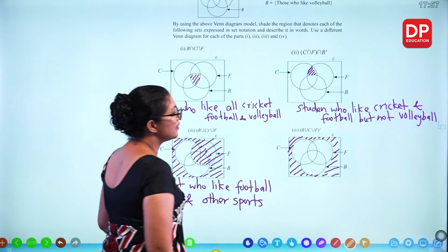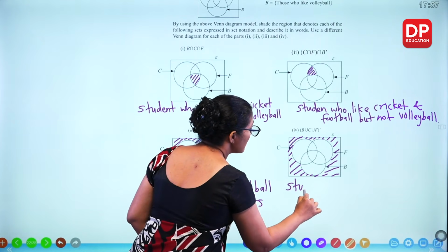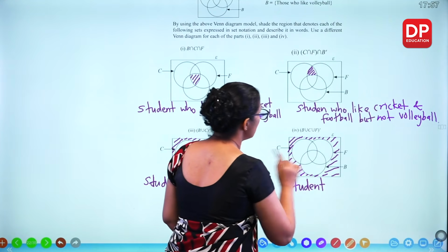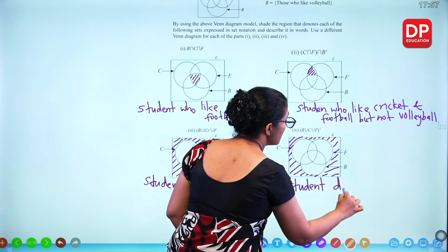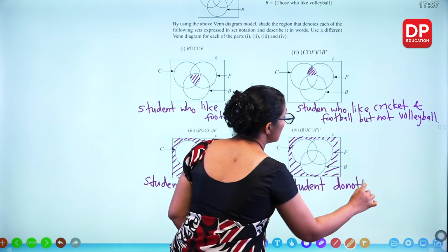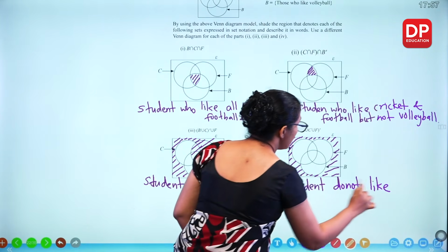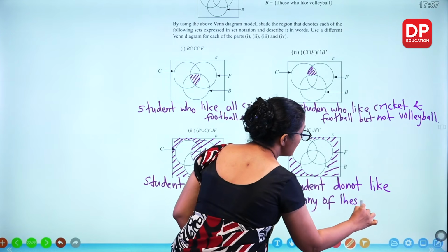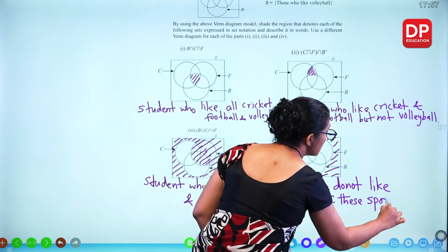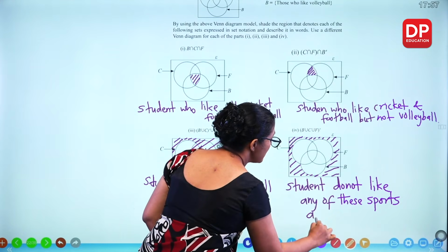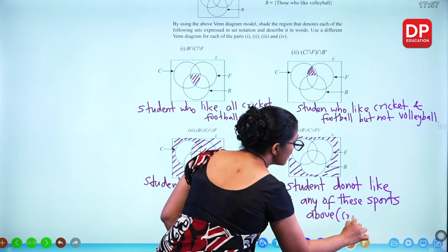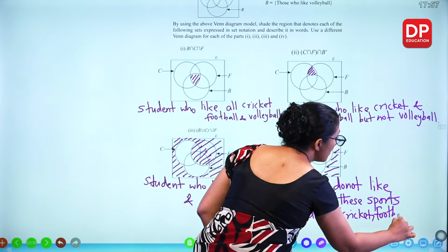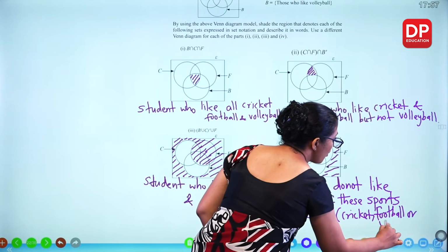So we can write students do not like any of these sports above. That means cricket, football or volleyball.